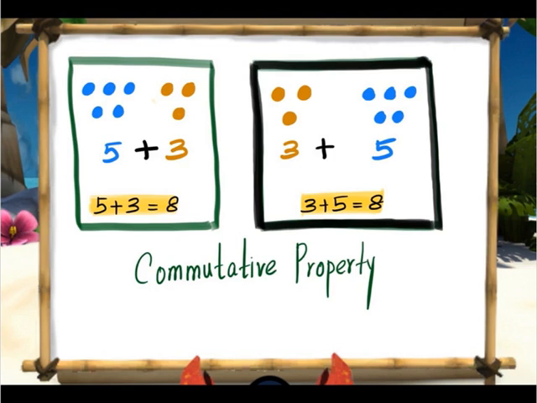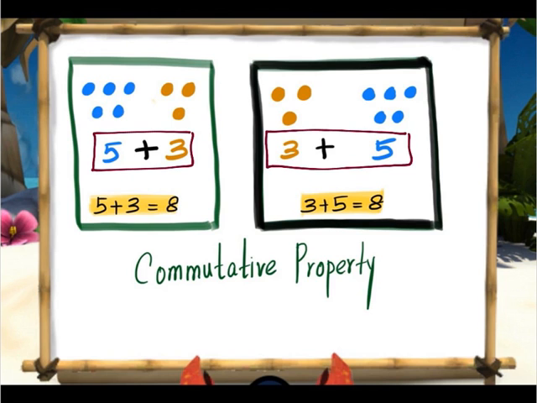Now, I'll show you an example of the commutative property of addition. Similar to multiplication, even in addition, if we change the order of the addends, the answer is not going to change. Let's see. In the first green box, I've written 5 plus 3, and in the second black box, I have shown 3 plus 5.